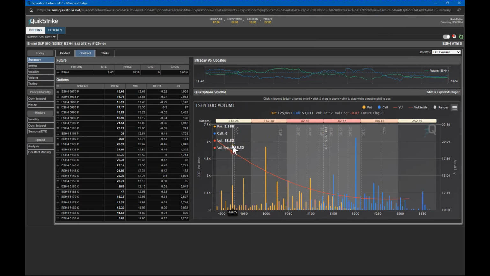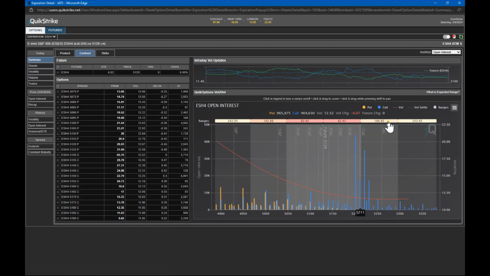And there's a bit of put activity down here. The main put is at 5,000, so it's protected going into that contract into quarter. So that looks pretty safe. And the open interest is still to the upside, showing a 5,200 call wall. So that's interesting.